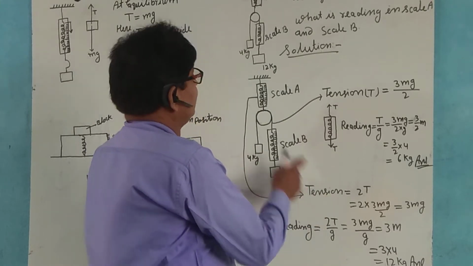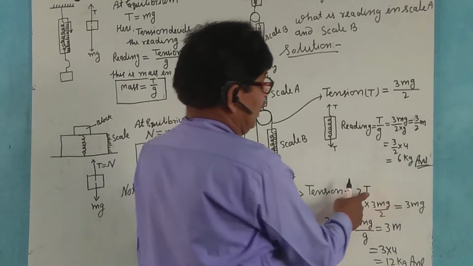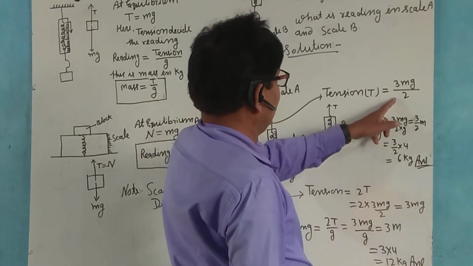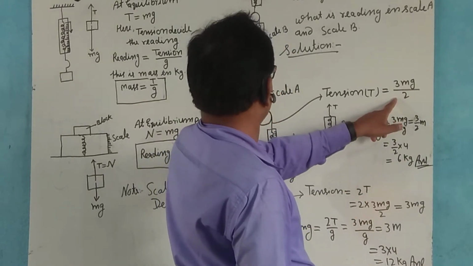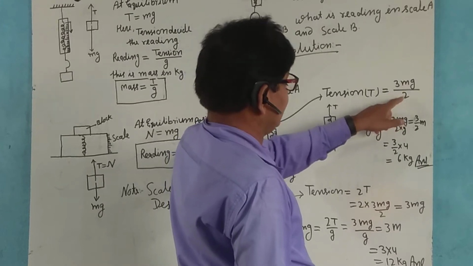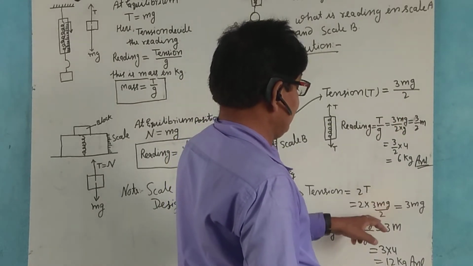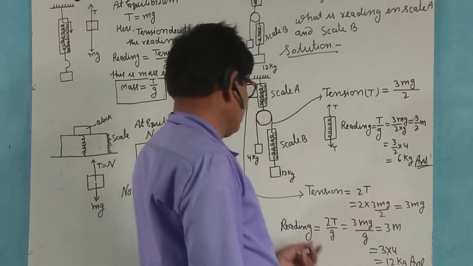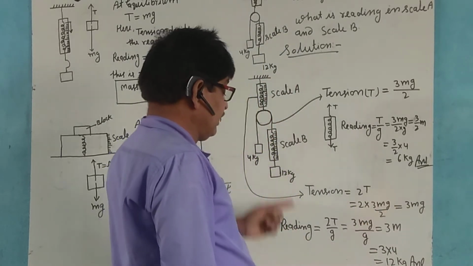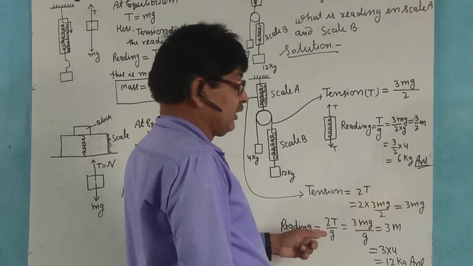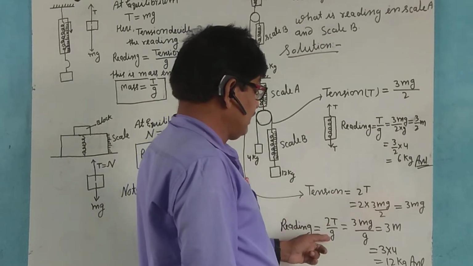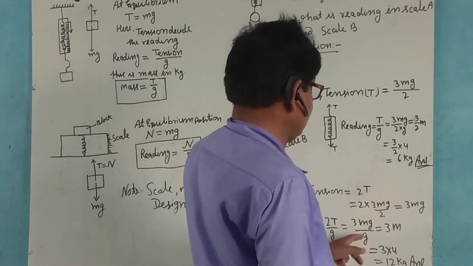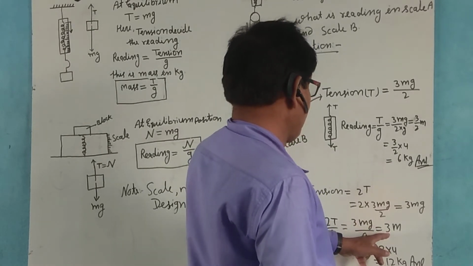And for scale A, this is the tension in this scale, where it is 2T, and as the tension in one string is 3mg by 2, putting 3mg by 2, the 2 cancels, giving 3mg. So the reading in this scale is total tension by g, 2T by g, 3mg divided by g, giving 3m.